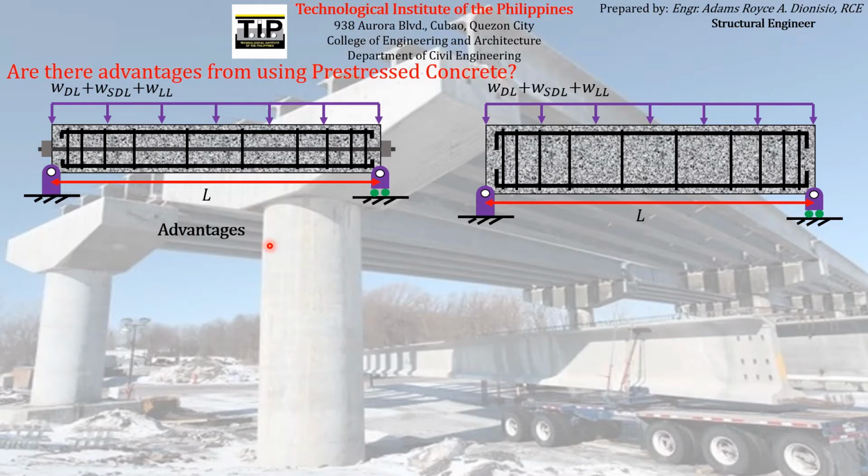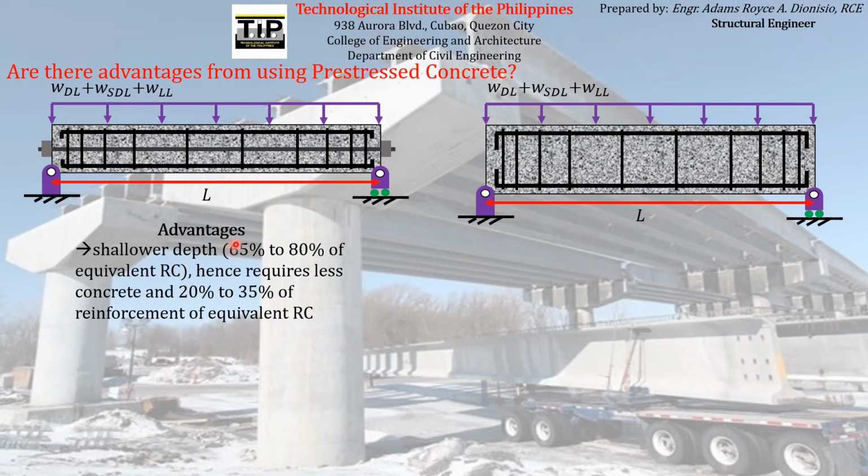So let us enumerate what are the advantages of using prestressed concrete. First on the list is that obviously, if you look at the figure, this is the prestressed concrete, this is the reinforced concrete. One of the advantages of using prestressed concrete is that in terms of design, prestressed concrete has a shallower depth compared to reinforced concrete, which can be seen on this illustration.